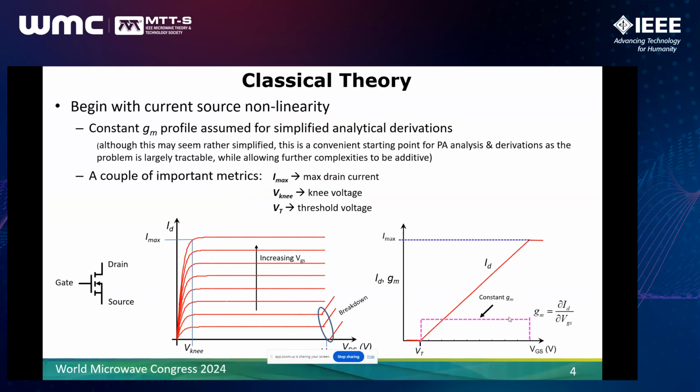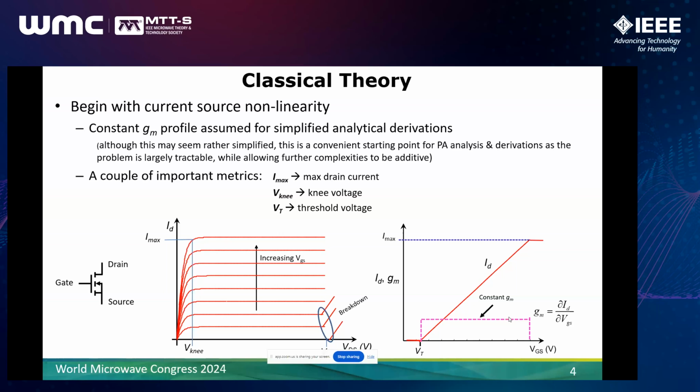So we'll begin with classic theory. And classic theory in terms of PAs begins by looking at the current source nonlinearity. So to begin, let's assume that the current profile exhibits a constant gm, so that each of these increasing values of drain current corresponds to the same delta VGS.